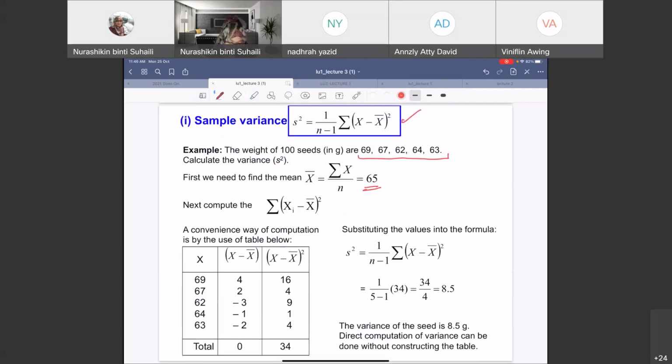You have to know n is 5: 1, 2, 3, 4, 5. Then you know x bar, and you can apply this formula, 1 divided by this.